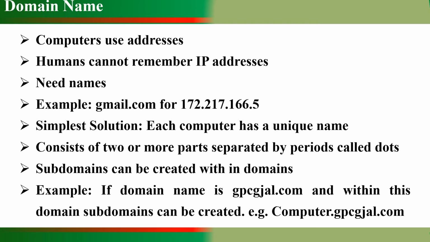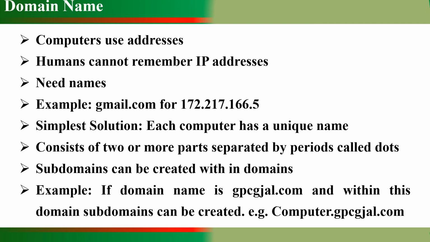It consists of two or more parts separated by periods, which we call dots. We can create subdomains within a domain. For example, if the domain name is gpcgjl.com, within this domain, subdomains can be created.